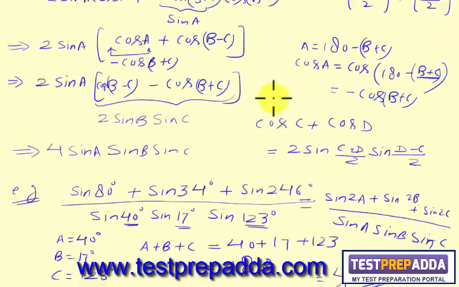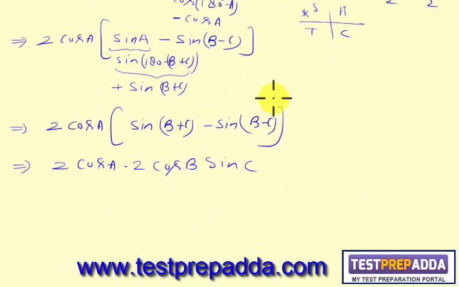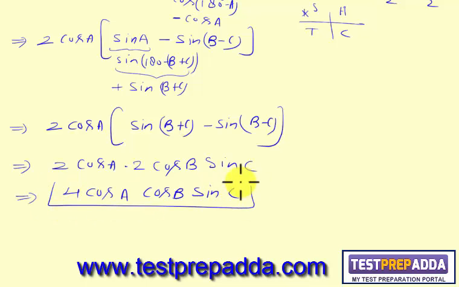And what we got here? 2 will get multiplied here, so it becomes 4 cos A cos B sin C. Okay. Hence proved.